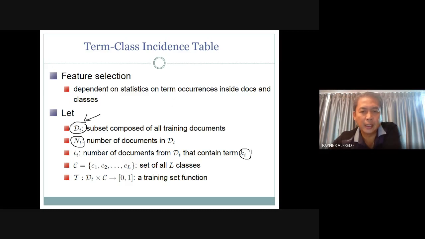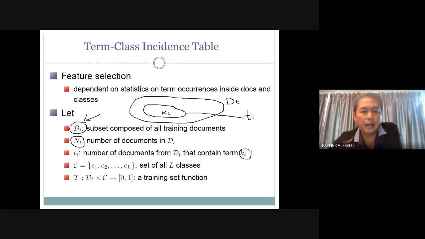So this is your whole document set for the training, and we also have certain documents that consist of the keyword I. So the number of documents that we have here refers to the I here.